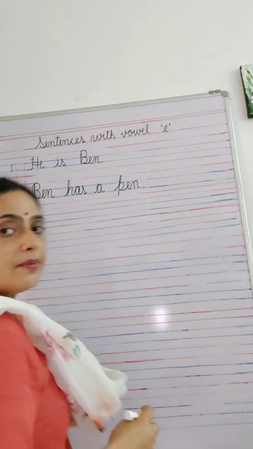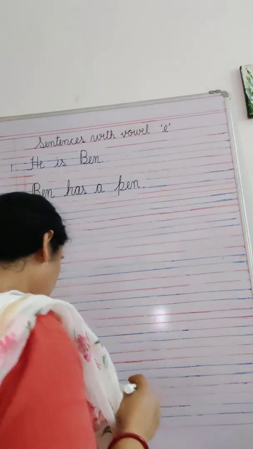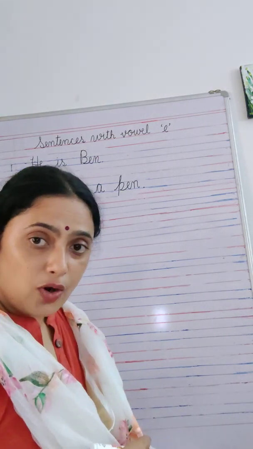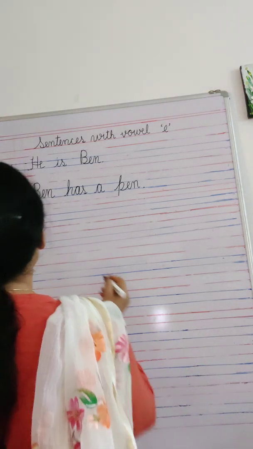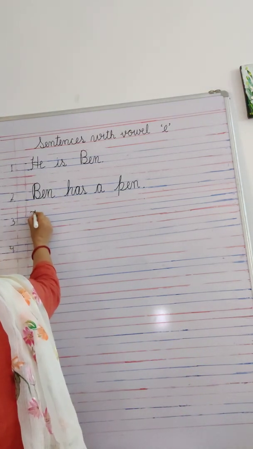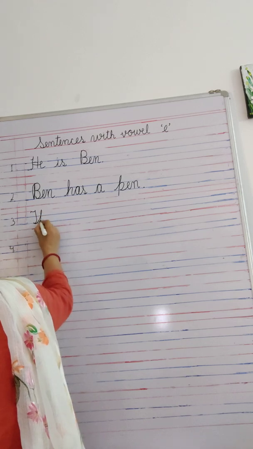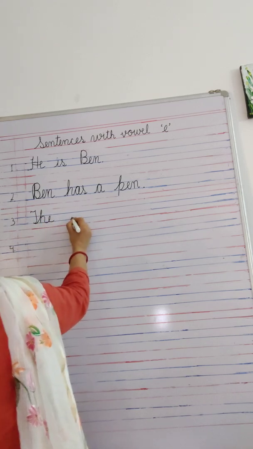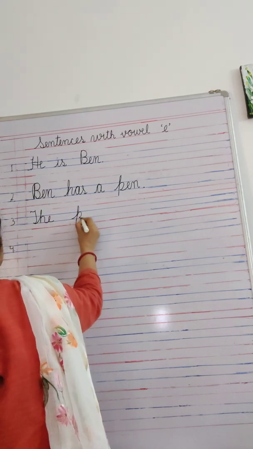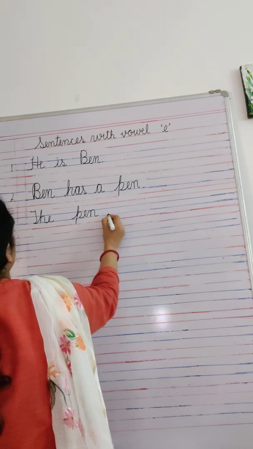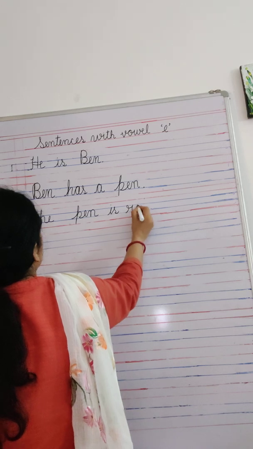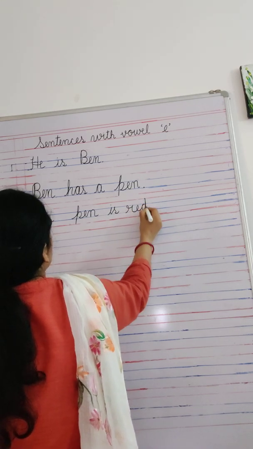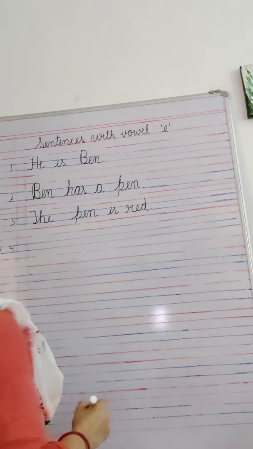Now the third sentence. The pen is red. How is the pen? It is red in color. So write the first letter capital. The pen is red. Full stop.